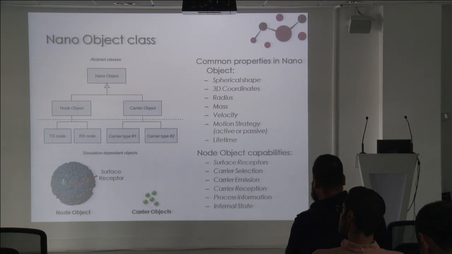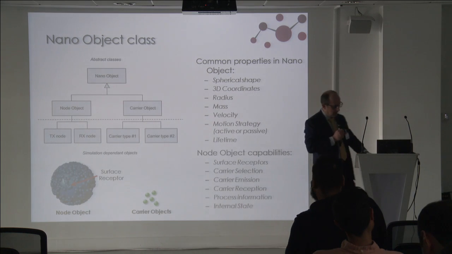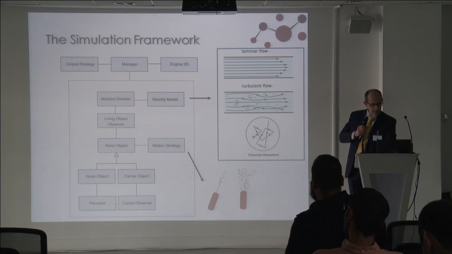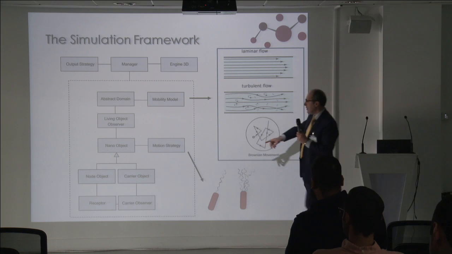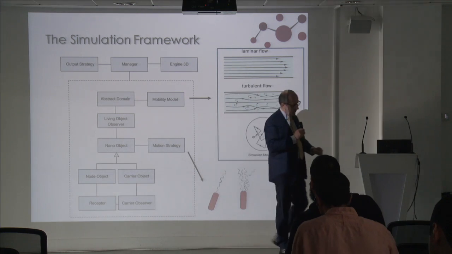Here, I detail a little bit more how receptors are implemented. Let's start from the nano-object class. Let me recall that the nano-object class inherits from the abstract domain.